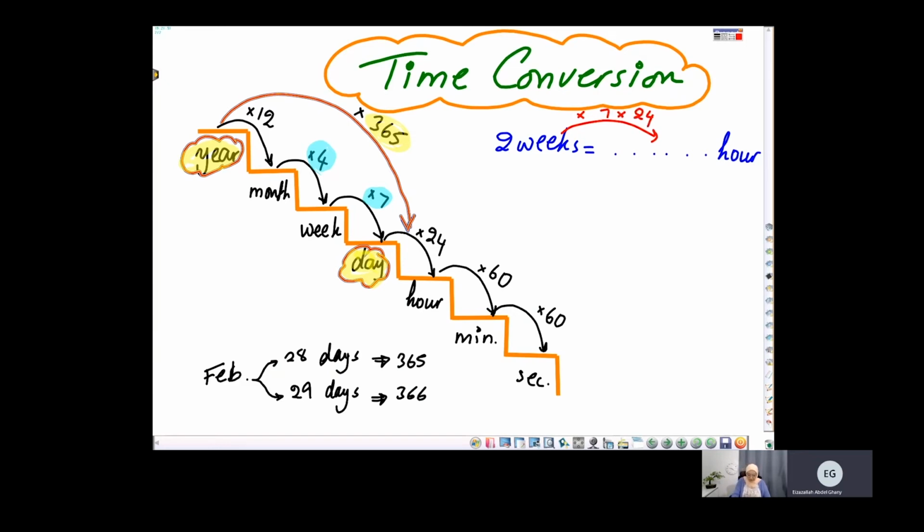So you are jumping from a week to an hour. You multiply by 7 and multiply also by 24. So it is 2 multiplied by 7 multiplied by 24. The answer will be 336 hours.